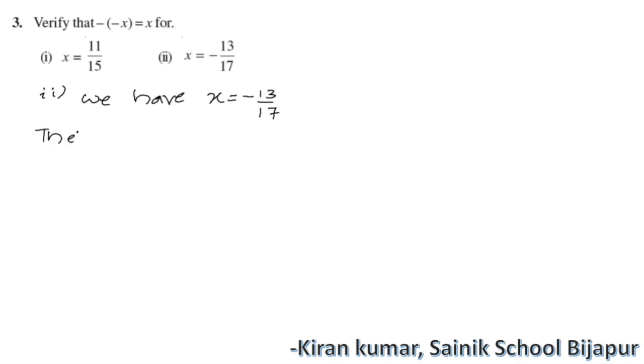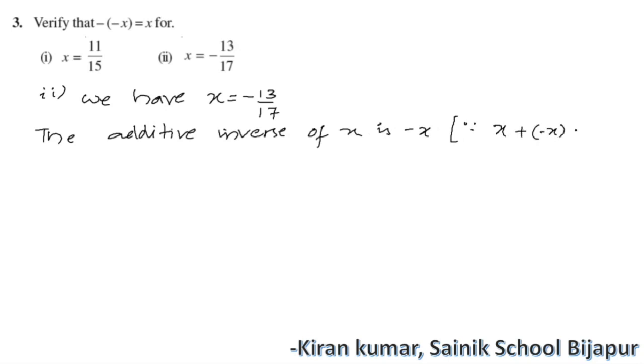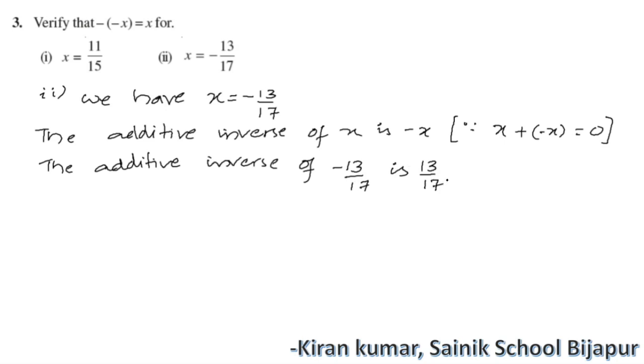The additive inverse of x is minus x, as x added to negative x is 0. So the additive inverse of negative 13 upon 17 is positive 13 upon 17.